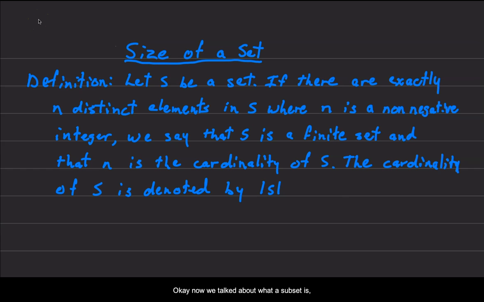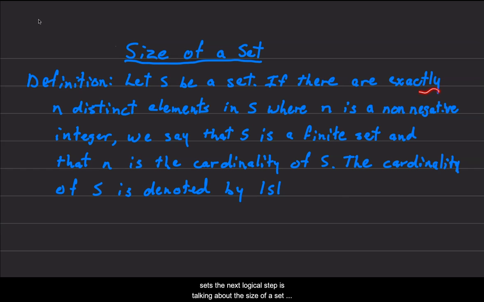Okay, now that we've talked about what a subset is, what a proper subset is, and what it takes to be equal sets, the next logical step is to talk about the size of a set. So we'll come up with this definition. Let S be a set.